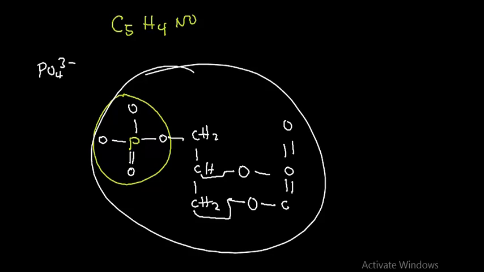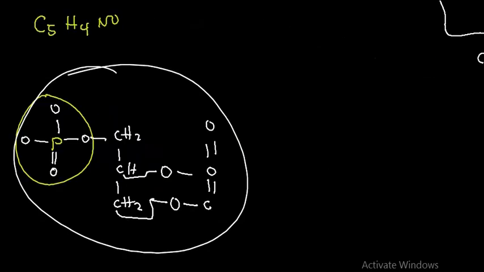Something like this. Okay, let's try to draw it and see. It can be straight. So why are we drawing this in zigzag? Notice that each bend represents a carbon atom, which is in between here. We said, each bend represents a carbon atom.